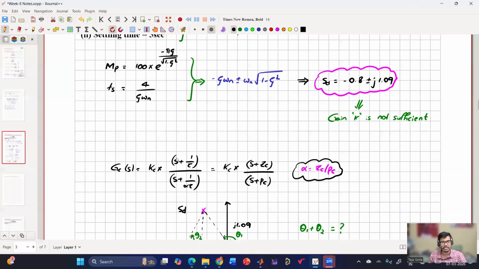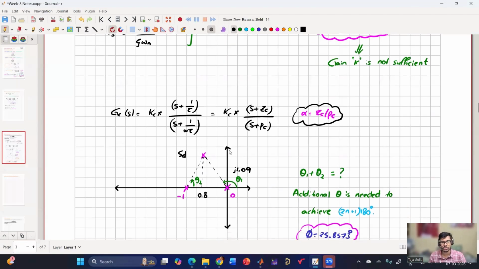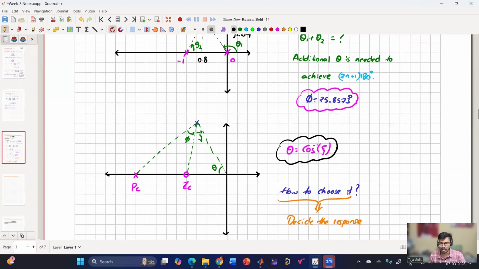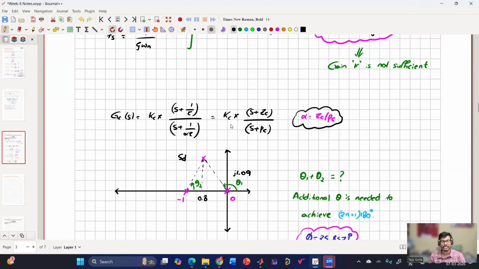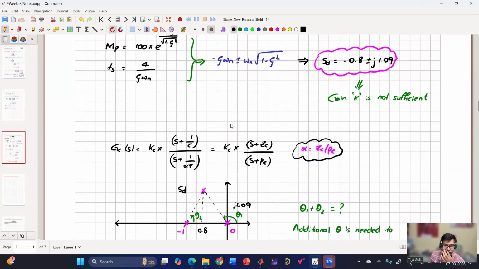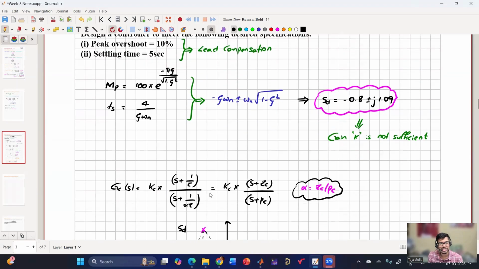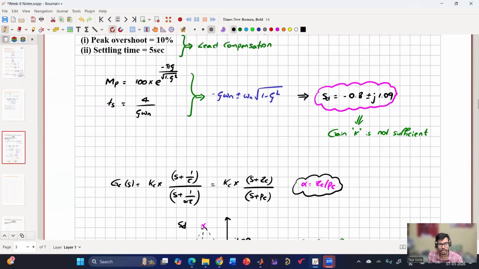But the question remains how to calculate KC. So there are two questions. First is how to choose gamma, which I'll come back to. Now, how to choose KC. So you know that if the closed loop pole is located here, the root locus of GC into G will pass through this point, right?